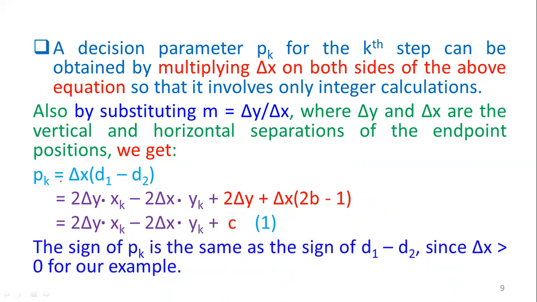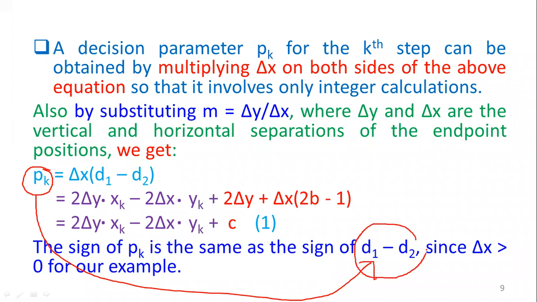Now onwards, we are going to take decisions based on pk values only. And don't worry, the sign of pk will only depend on the sign of d1 minus d2, because delta x is anyway positive.